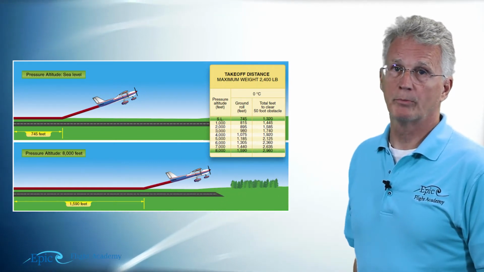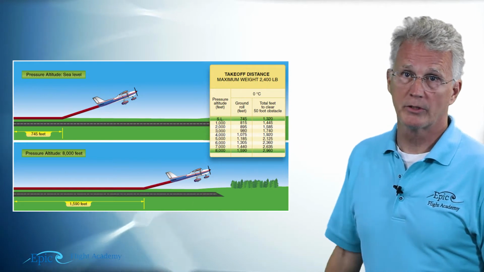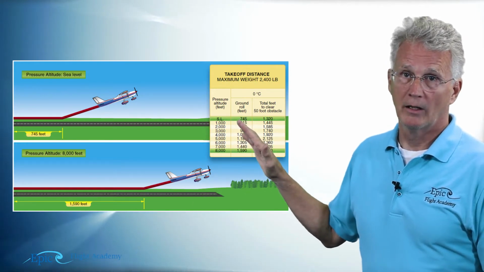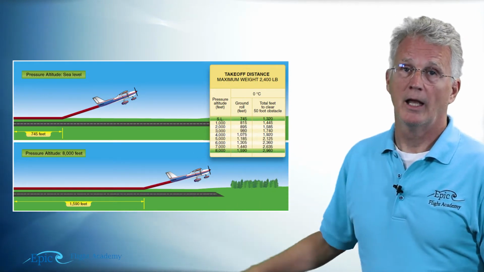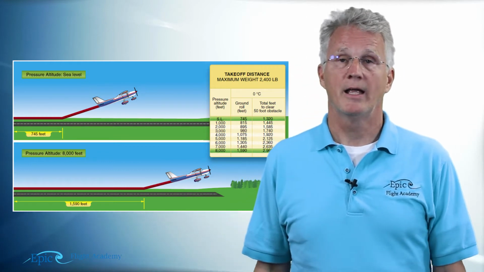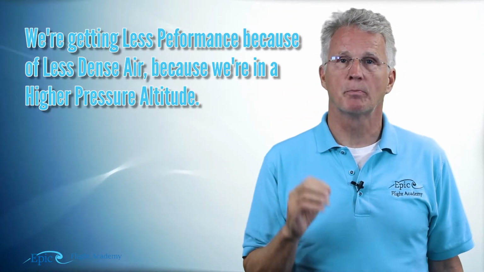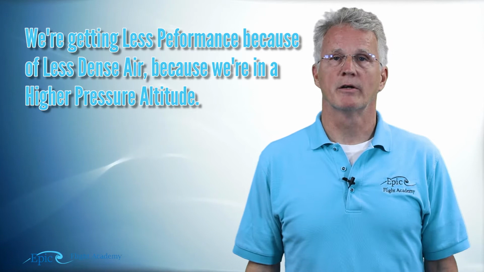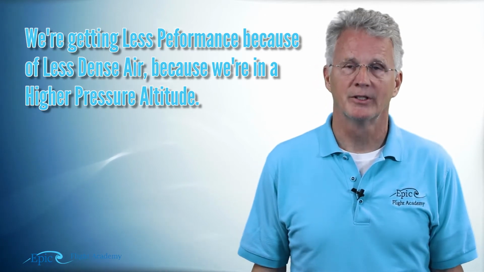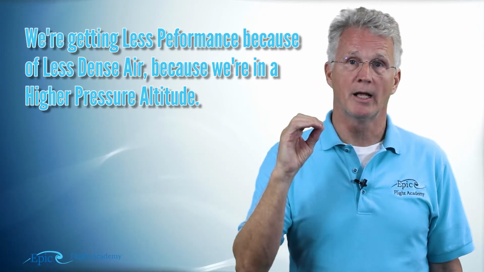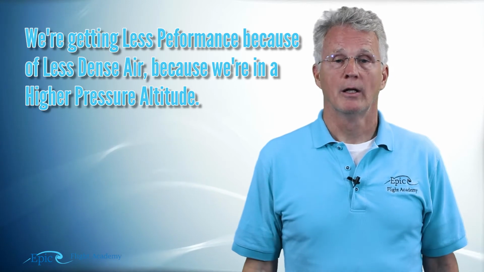Notice as we go up in pressure altitude, more distance and less climb rate and a more shallow angle. We're getting less performance because of less dense air because we're in a higher pressure altitude.